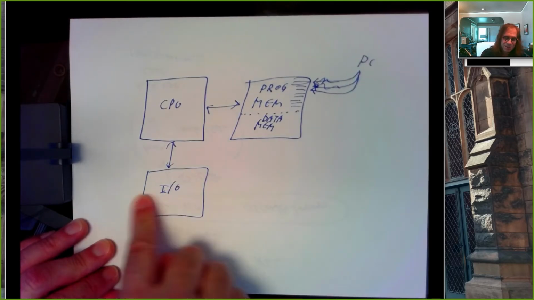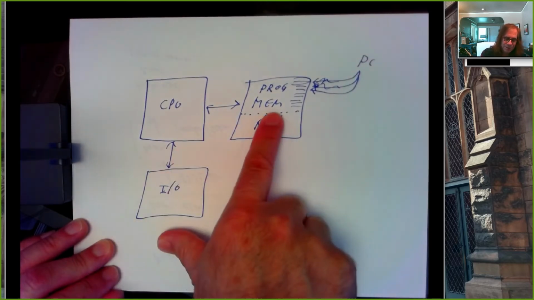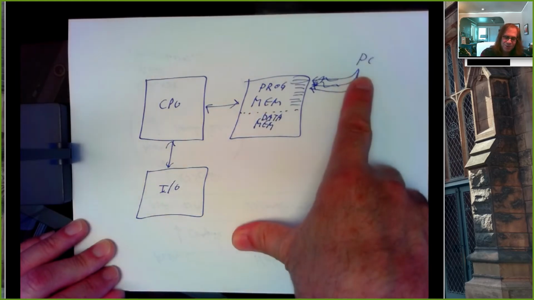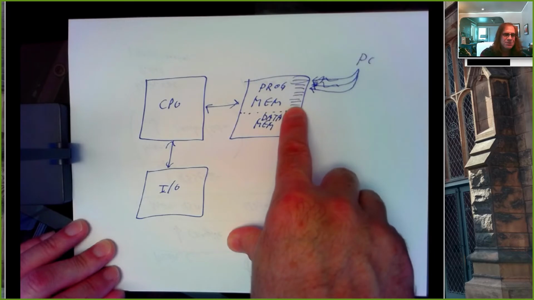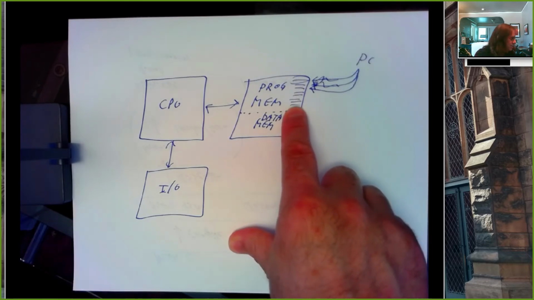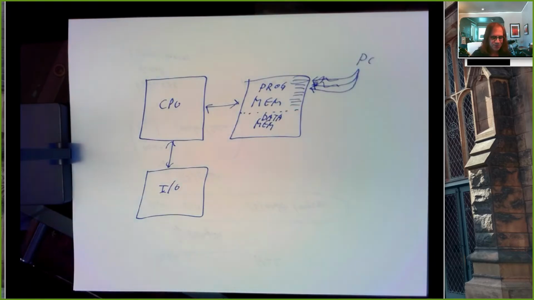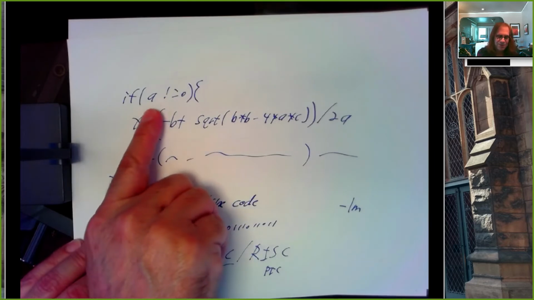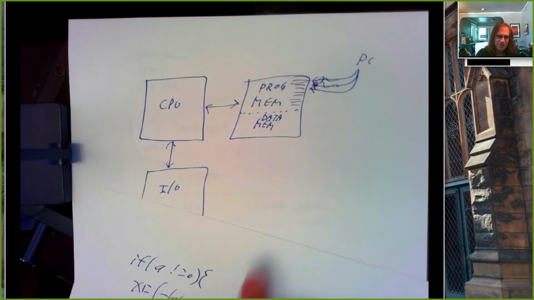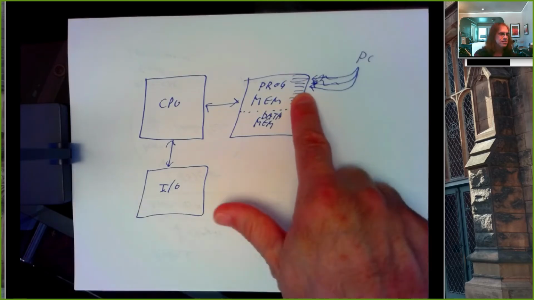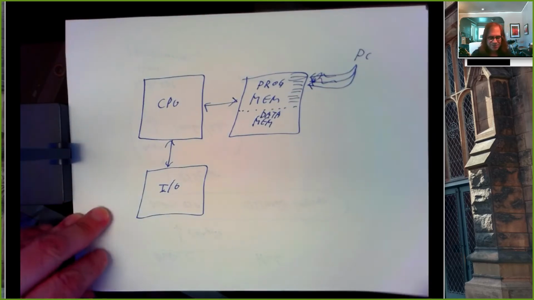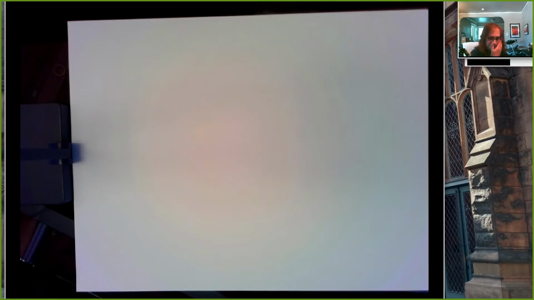Or change the program counter so that instead of reading this instruction next, we jump down and read that instruction. Or we test some condition: is this variable different from 0? If it is, come down and do this instruction. Otherwise, do the next instruction.